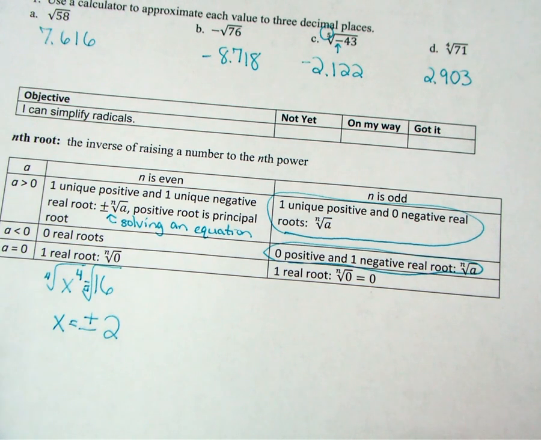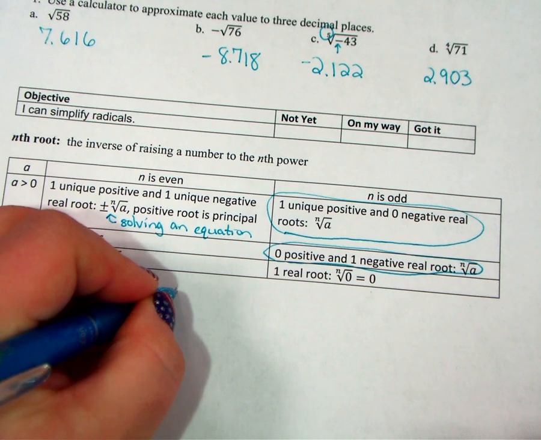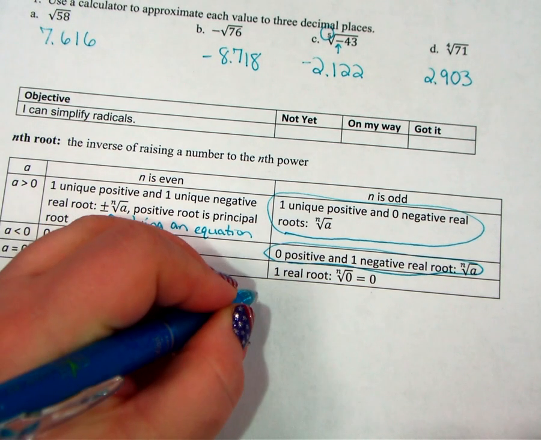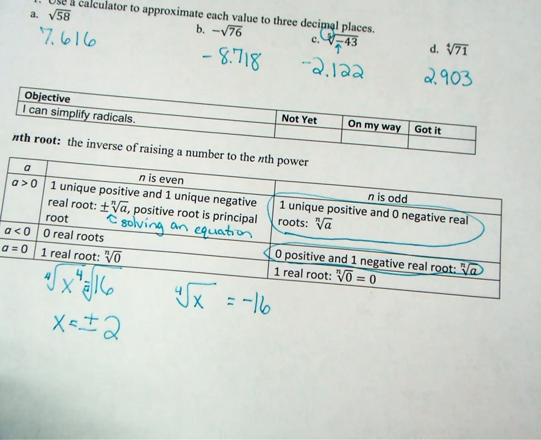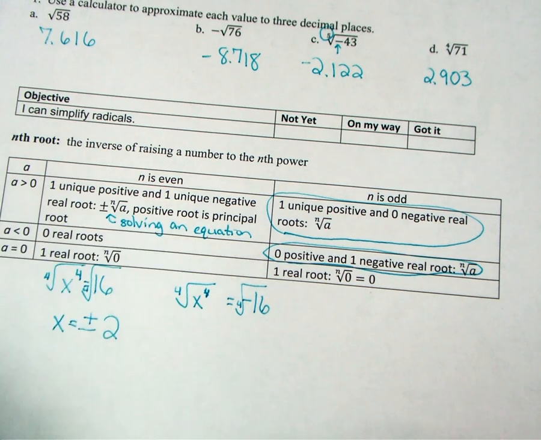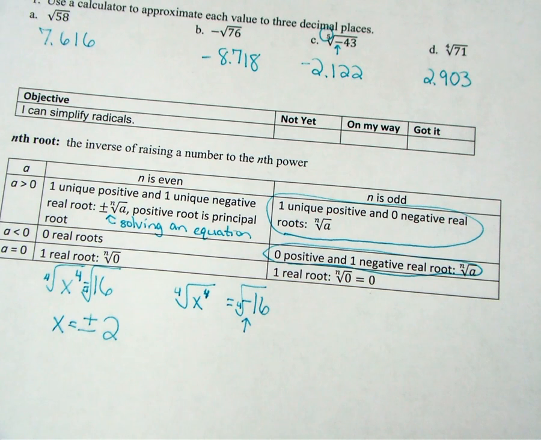Now, if you encounter an even root other than 2, so again, like 4th root, and when you go to work out the problem, whether it's solving an equation or not, if you have an even root of a negative number other than 2, and the number underneath there is negative, you have to say that there's no real roots.